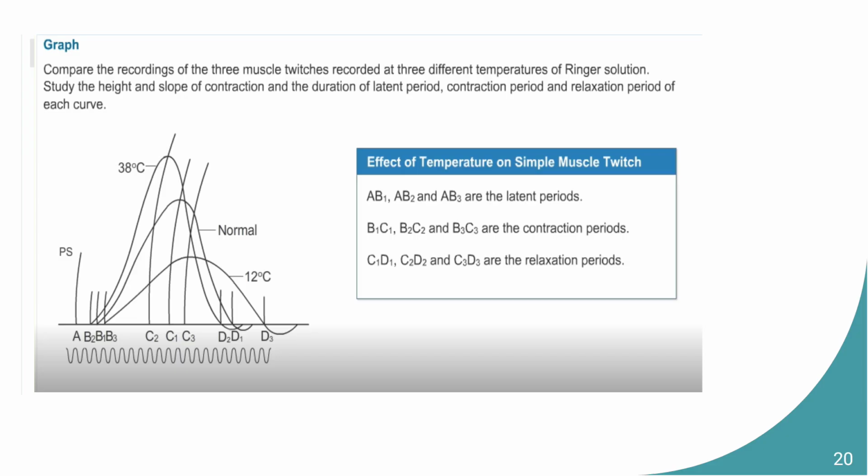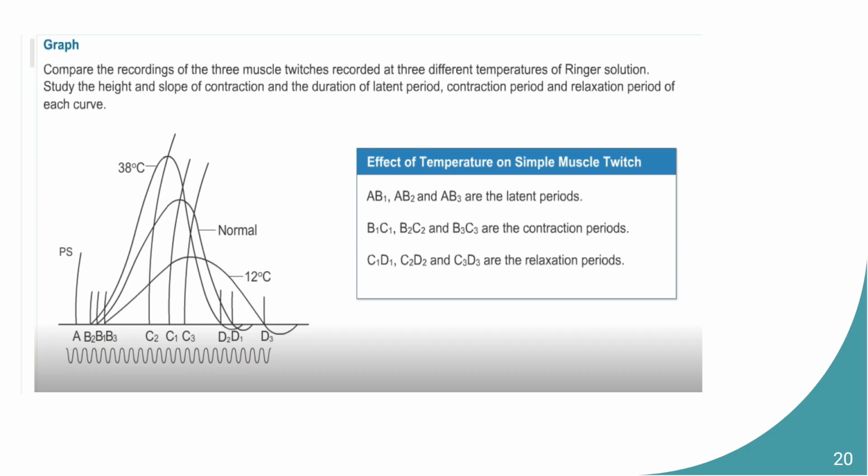The shortest duration will be AB2, as the contraction will start early if we increase the temperature. Similarly, B1C1, B2C2 and B3C3 are the contraction periods. Among them, B2C2 duration is shortest, because if temperature is raised, the contraction will be early and short.